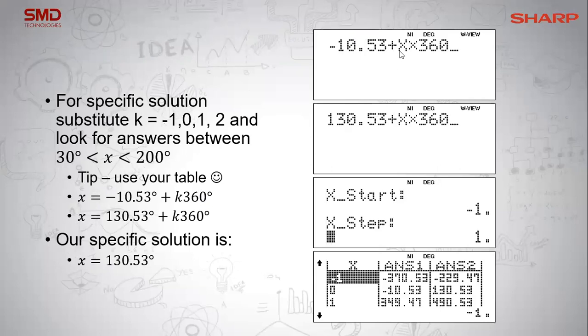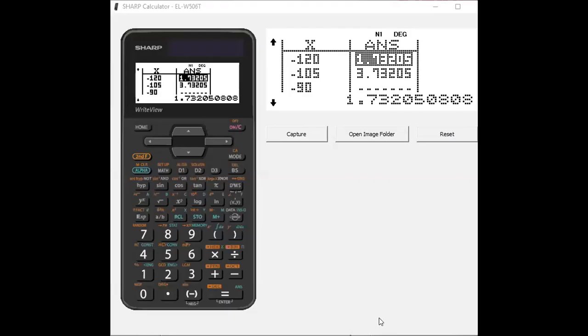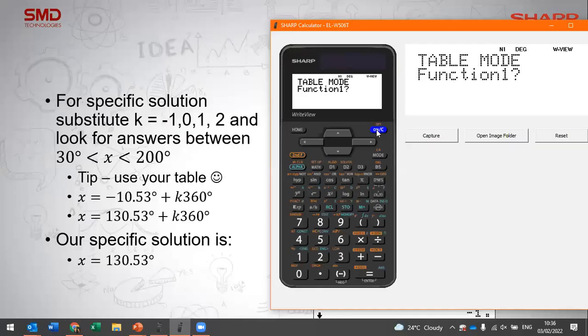So what I'm going to do is take my calculator, and in table mode, I'm going to type in function 1, my first equation, which is 10.53 plus, and then obviously we don't have a k on the calculator, so we use x instead, times 360.